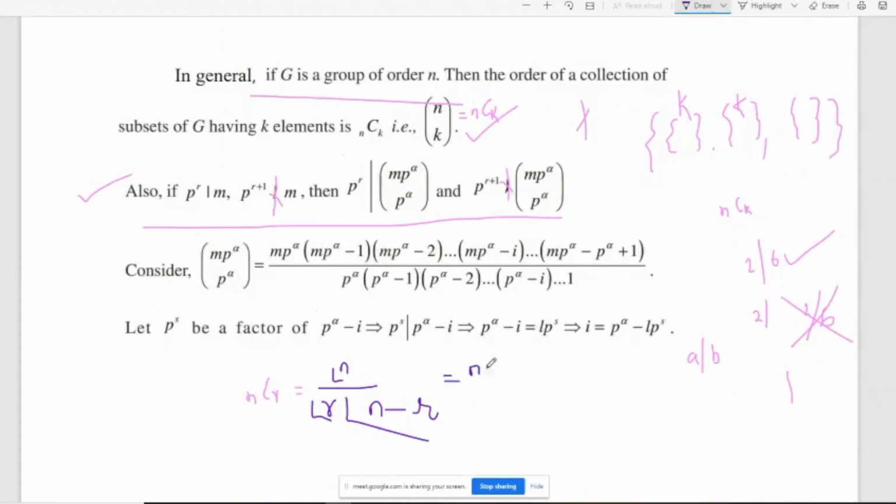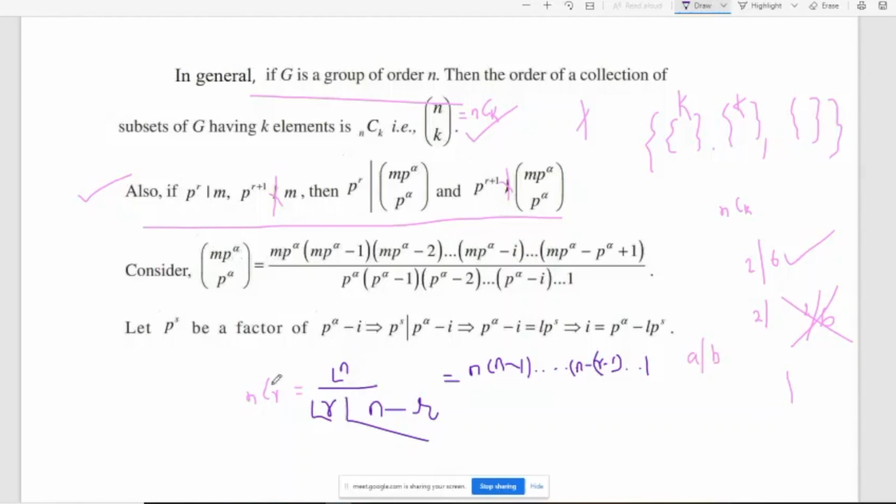You can write it as n into (n minus 1) and so on up to 1. But before that, I can have n minus r, and so on. When you simplify this, you can cancel, since this will be your (n minus r) factorial. From that term onwards, whatever is present, you will write here.